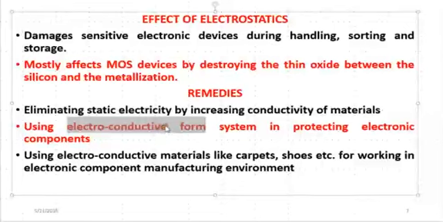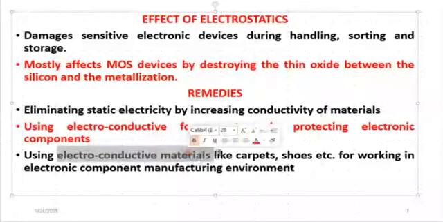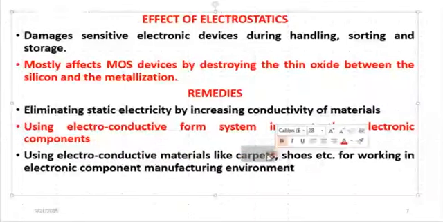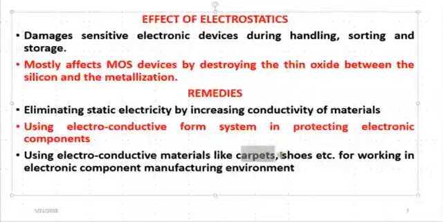Whenever they come in contact with static electricity, they will absorb it and conduct it away, so that the components are protected. And the last way we brought here is using electroconductive materials. They include carpets, which have the ability to conduct electricity, and shoes that can conduct electricity.